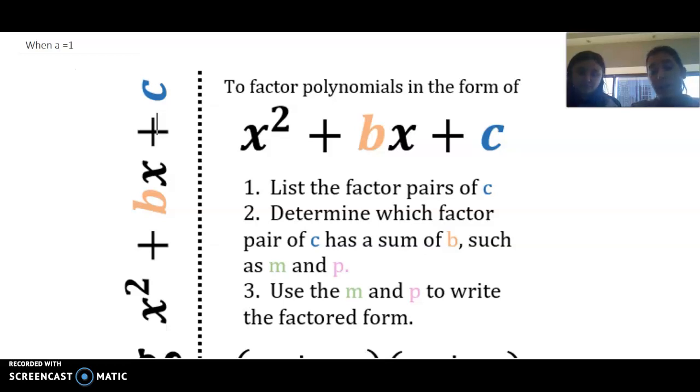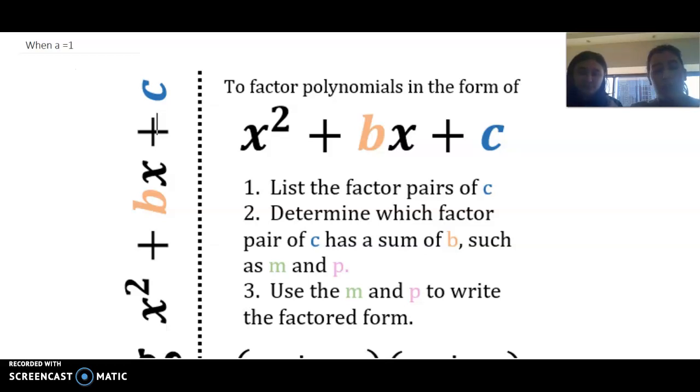Before break, we had you graph them and find the x-intercepts, or the solutions, in your calculator. Today, instead of finding the x-intercepts in your calculator, we're going to have you do it by hand.